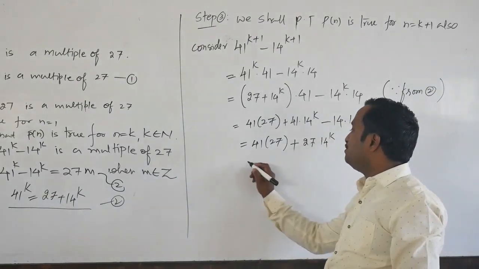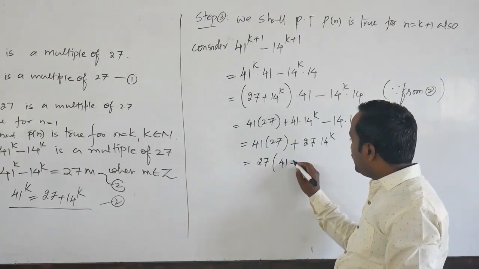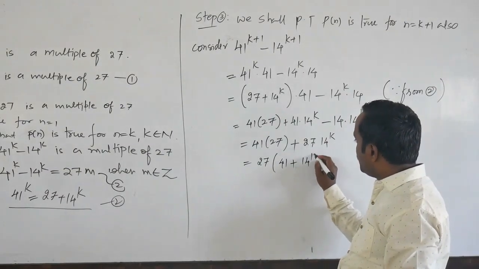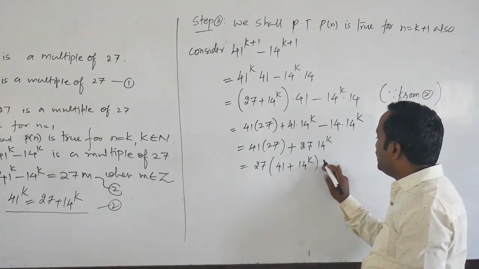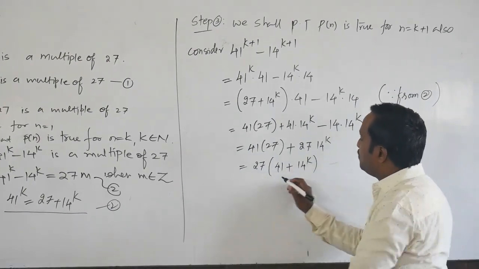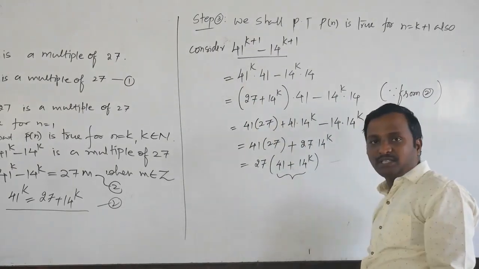So what is common in these two? 27 is common, so you can take 27 common: 41 plus 14 raised to k. So what do I conclude? This is nothing but 27 into some number.